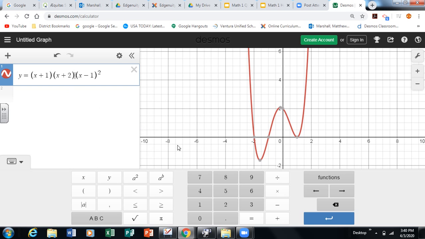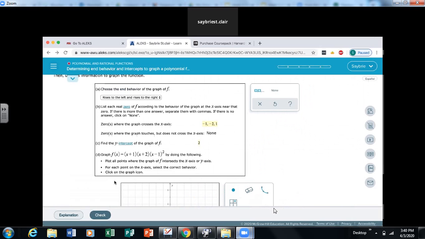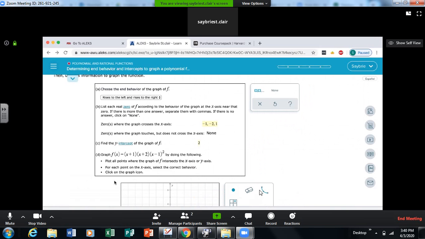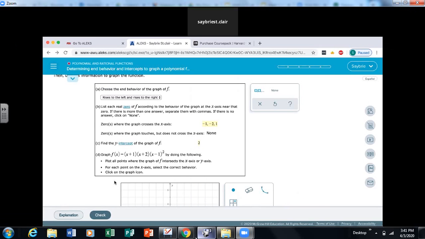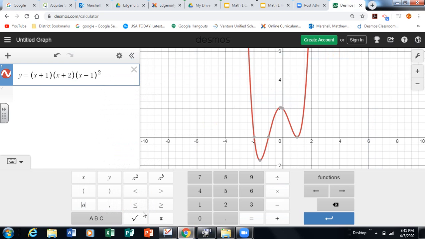Alright, I'm going to send you a picture. I think this is the equation. I'm going to send you this. So I went to Desmos and I typed it in. And I could see exactly what that graph is going to look like. Let me send another picture.